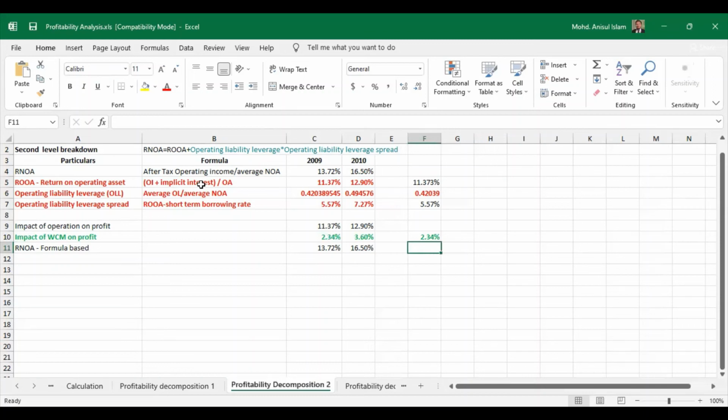So the question is, is it really possible to create value by managing working capital? There is empirical evidence that it is possible to create value by managing working capital.